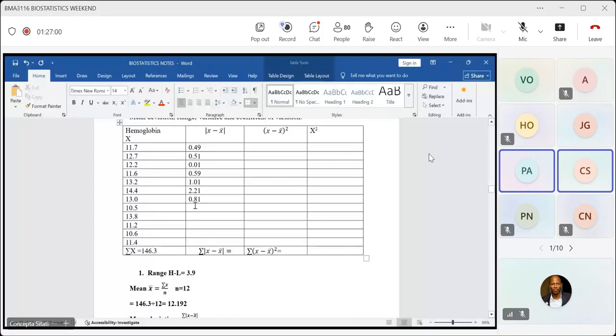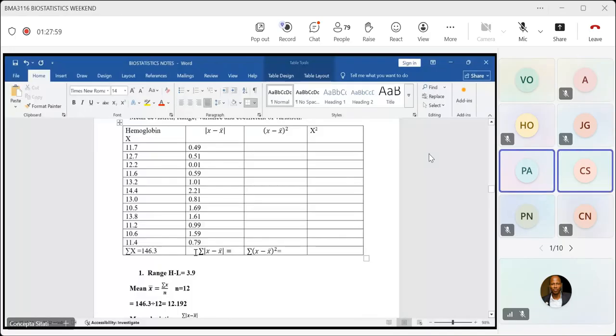Next, 10.5 gives 1.69. 13.8 gives 1.61. Then 10.6 gives 1.59. The next, 11.4, gives 0.79. Yes, good.